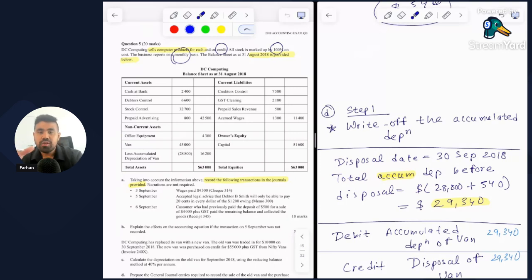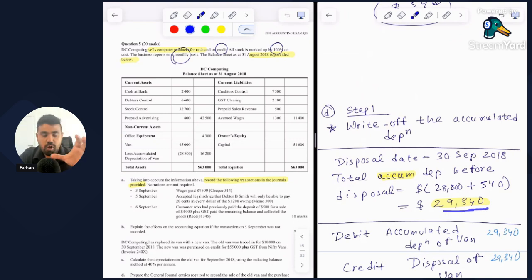And the accumulated depreciation basically records all the reduction in economic benefits that comes with the consumption and utilization of the van in the business for revenue generation purposes. So far, we have consumed $29,340 of economic benefits from the original old van. So now that we're getting rid of it because we're selling it, we have to remove this depreciation.